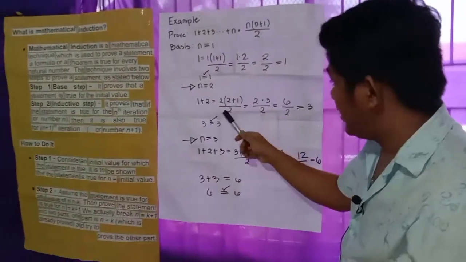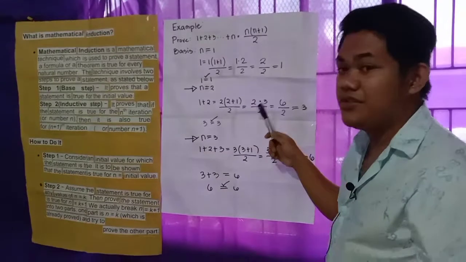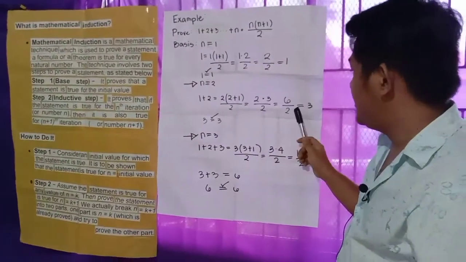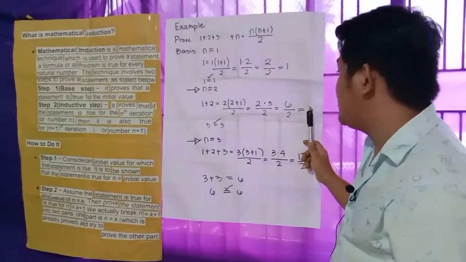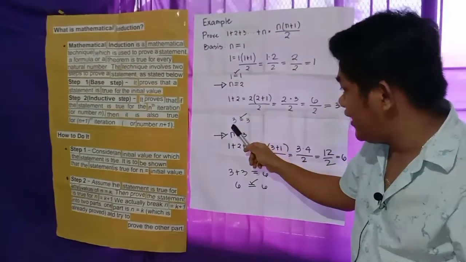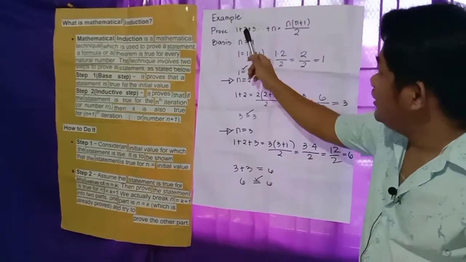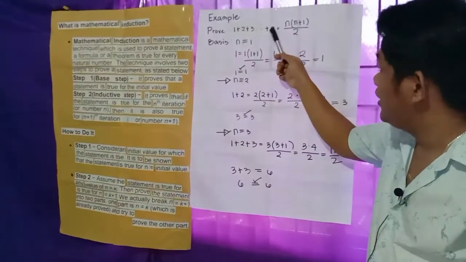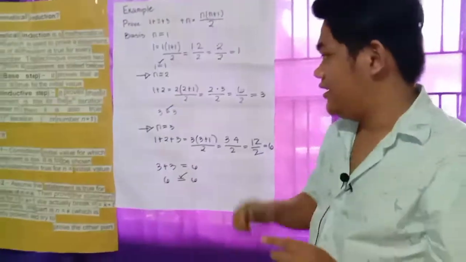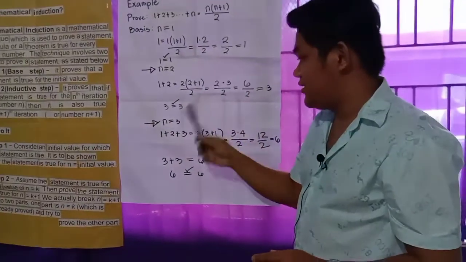Then over 2, copy the 2, so equals 2 times 3, okay, 6, over 2, which is 6 divided by 2 equals 3. So we proved that 1 plus 2 equals 3. Comparing these 2 terms, they are equal, which is the basis. So, the next term is 3, which is n equals 3.